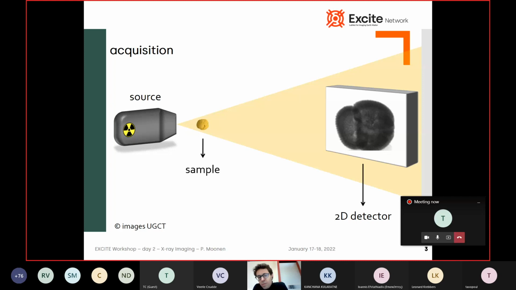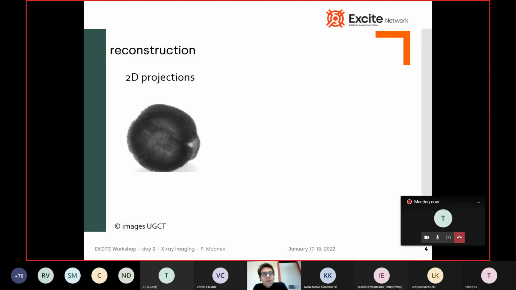The next step would be to rotate your sample around its axis. And at the same time, you will be acquiring images. If we take a look just at the images that we are registering here, this is a time series of 2-dimensional projections. Then your brain has the impression to look at a 3-dimensional transparent object.